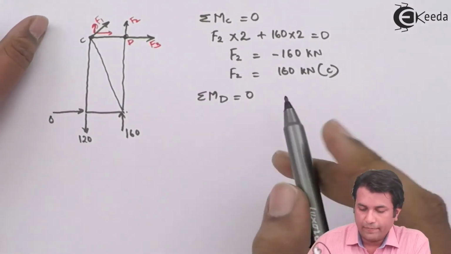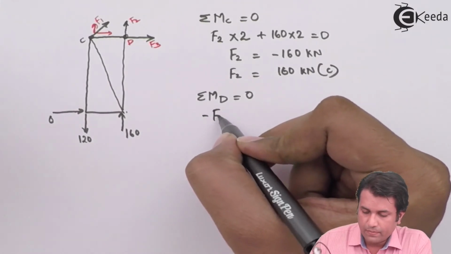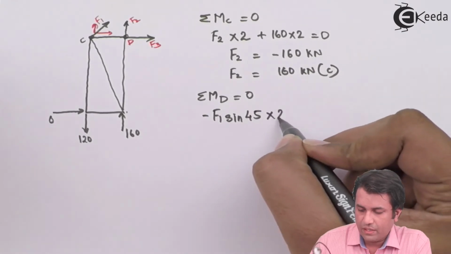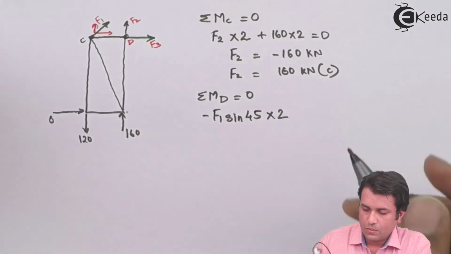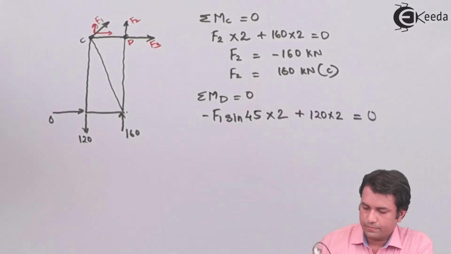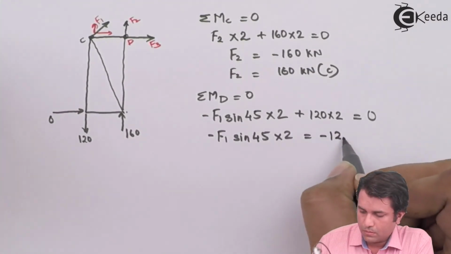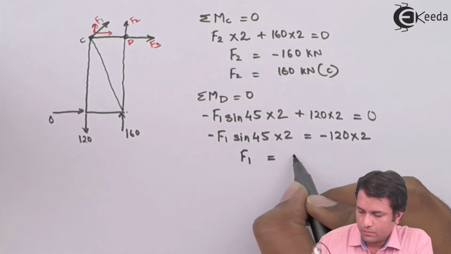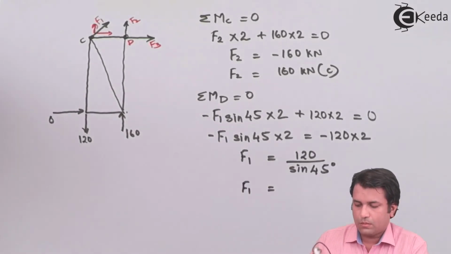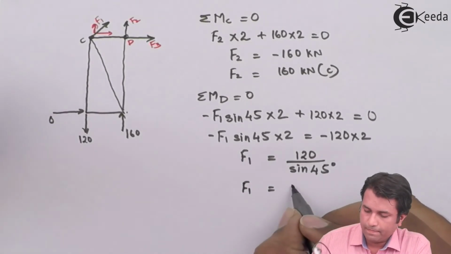So I'll write it accordingly. Since this is a clockwise moment, I'll write it with a negative sign: F1 sine 45 into 2.